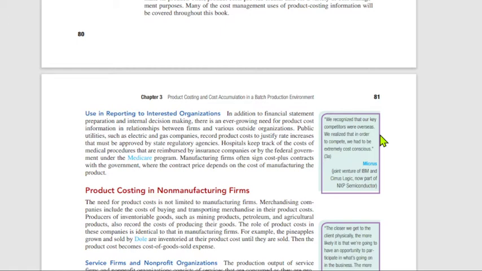So the assumption on our discussion is that we know the basics of cost accounting, we know the basics of management accounting, and then we just incorporate kung ano yung mga updates at trends in the market today, or in the practice today, in the industry today.